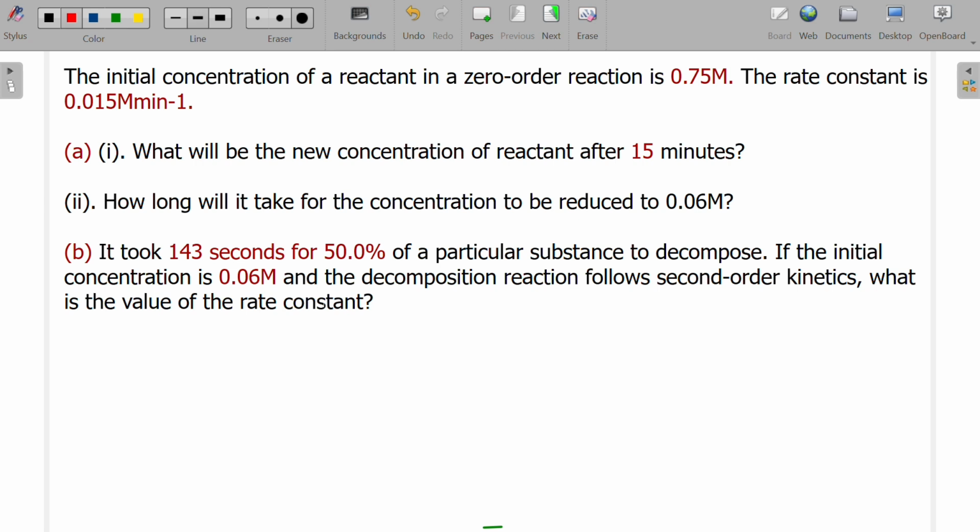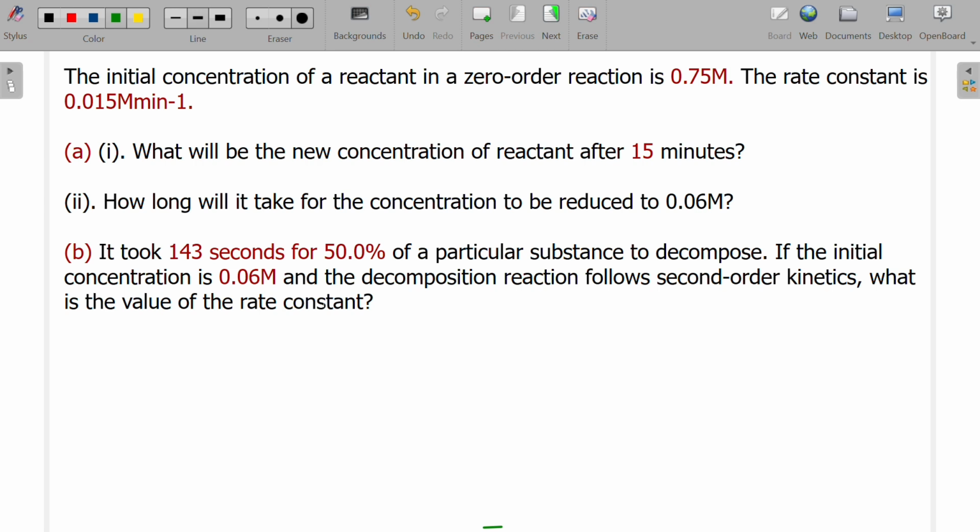So our half-life here is 143 seconds, and the initial concentration is 0.06 molar concentration. We need to find the value of the rate constant, and we can find that by using the half-life equation for a second order, since it follows second order kinetics.